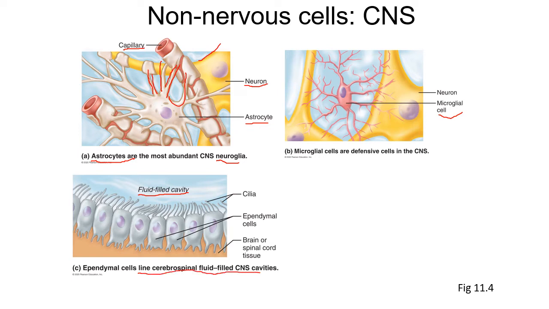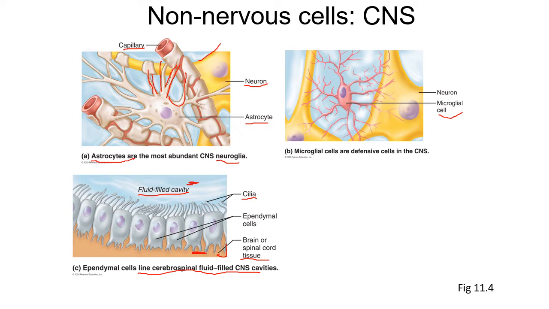They're going to have these cilia on the surface, facing the cerebral spinal fluid, so we have cilia on that side. We can see this inner part is going to be the brain or spinal cord tissue, and this would be inside some sort of fluid-filled space.